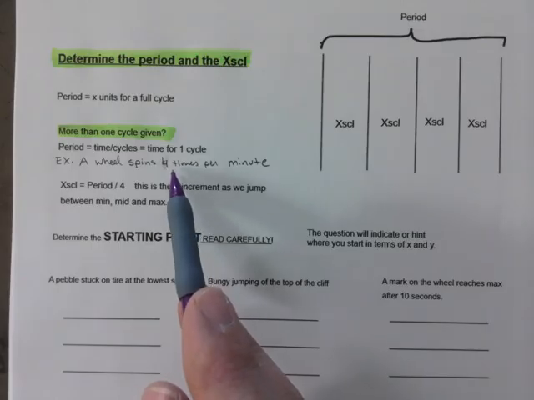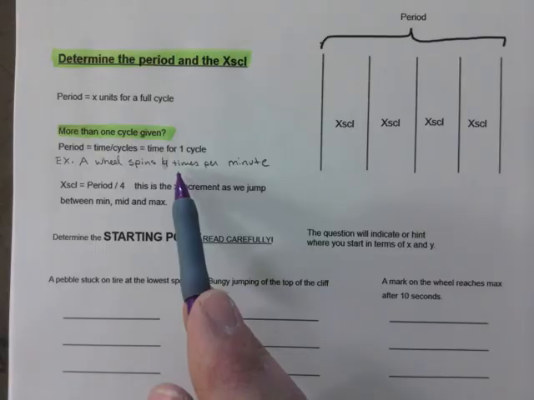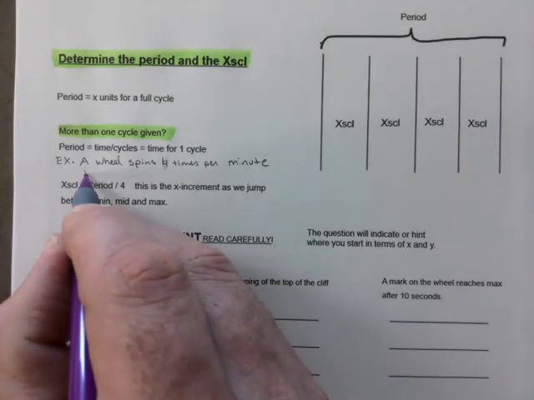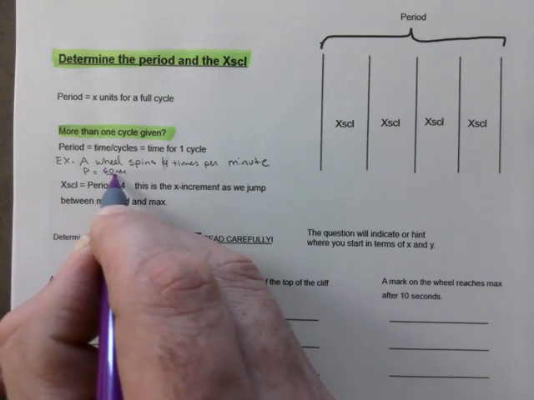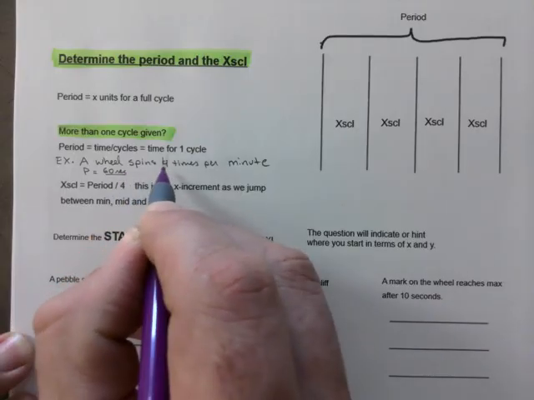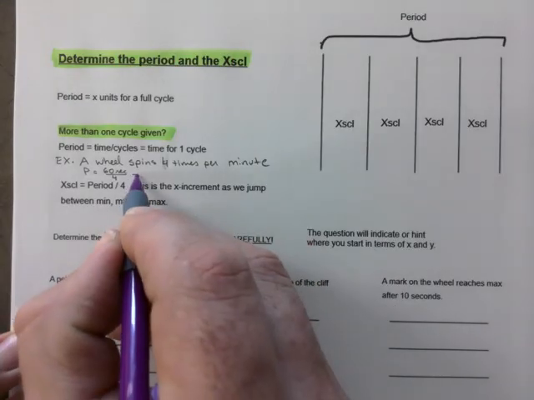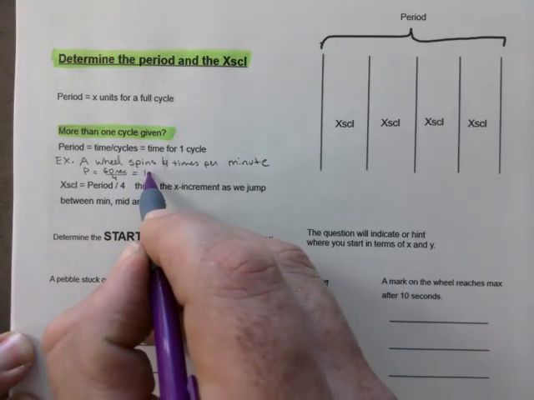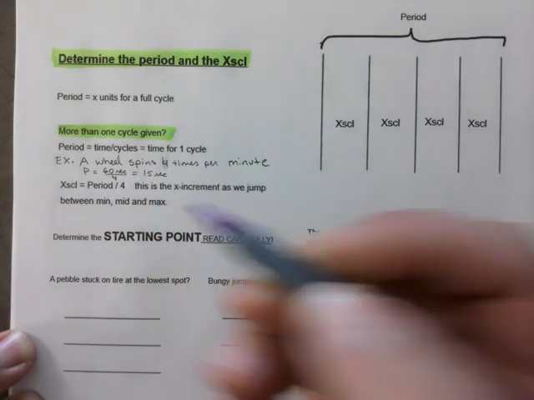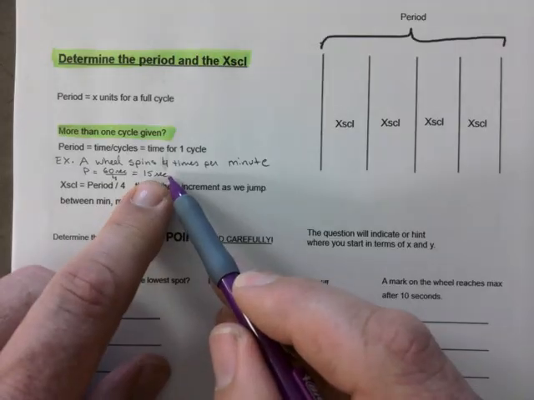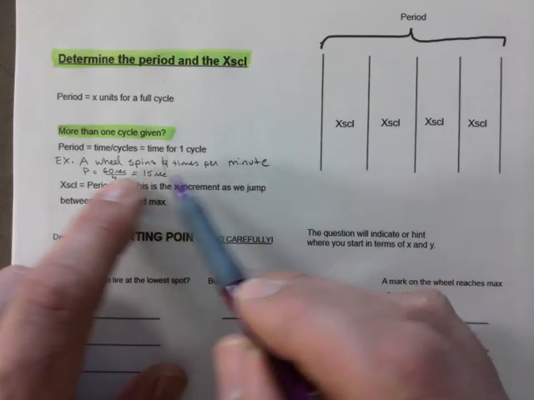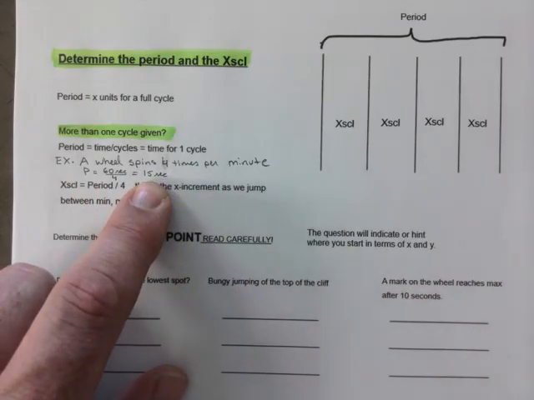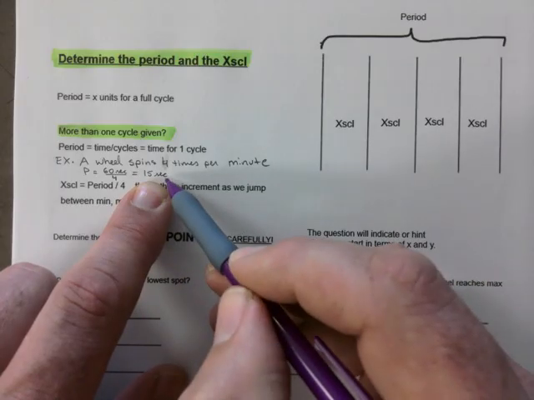You don't want that. You just want the time for one cycle, for one spin. So to get the period here, I would use 60 seconds, the time, and then divide it by 4. One spin would take you 15 seconds. That's what you want. You want the 15 seconds, not the 4 times per minute. You want to know how much it takes for one cycle. 15 seconds.